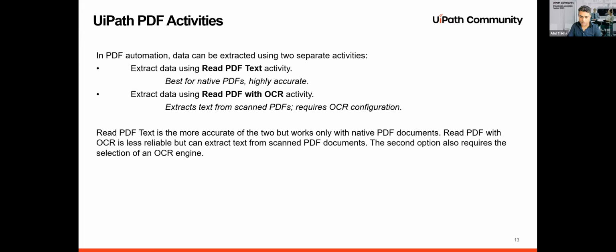For example, there are a few free OCR engines in UiPath, like the UiPath Free OCR, which gives the modern experience. Then there's the Tesseract OCR, the Microsoft OCR, and then there are a few paid OCR engines, like the UiPath Document OCR, which comes as part of document processing, then the Google Cloud, the Microsoft Reader, and the ABBYY Cloud. Multiple OCR options are available, but you need to decide based upon your scope and requirement which OCR engine fits best for you.